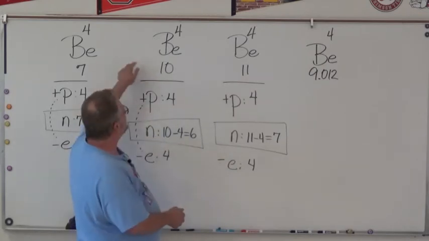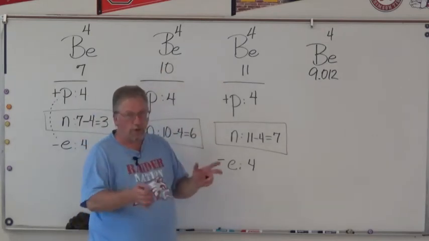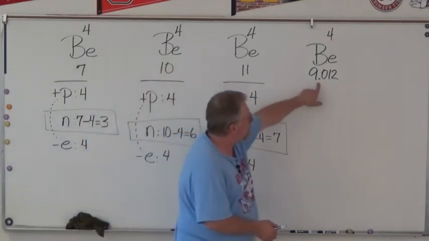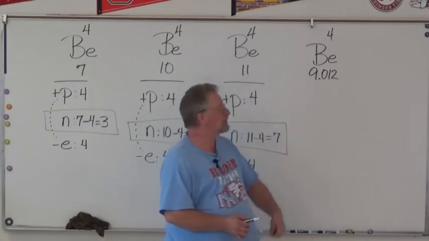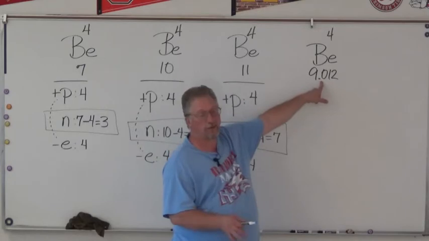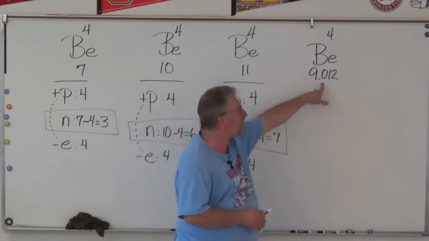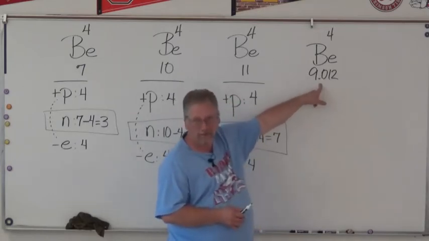So if we take an average in nature using what's called weighted means, the average comes out to 9.012. It's not going to be a whole number, okay? So that's why this number is not a whole number on your periodic table. It's because it's the average of all the masses, okay?